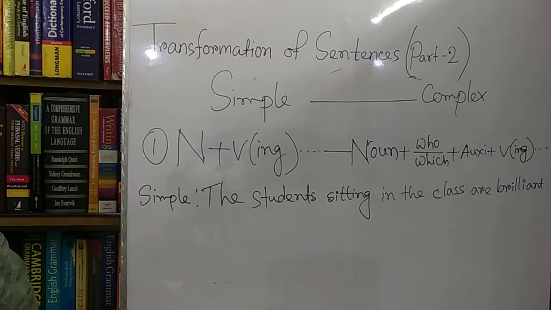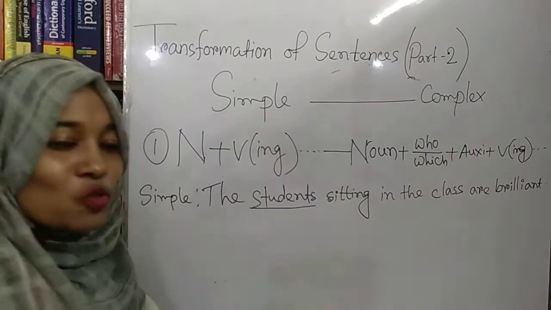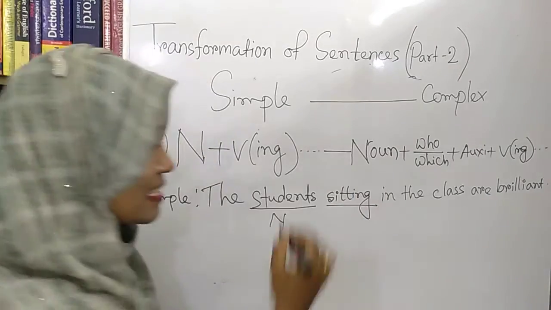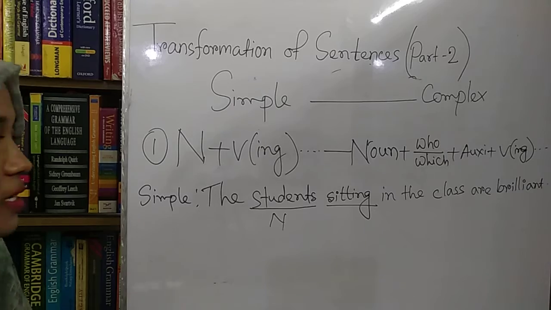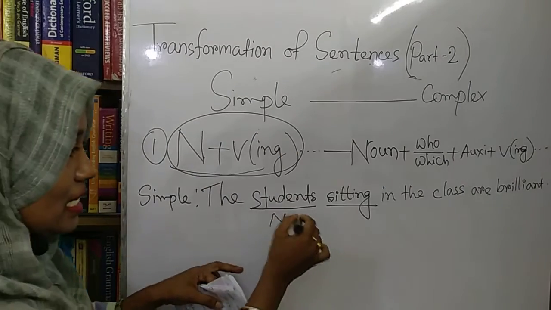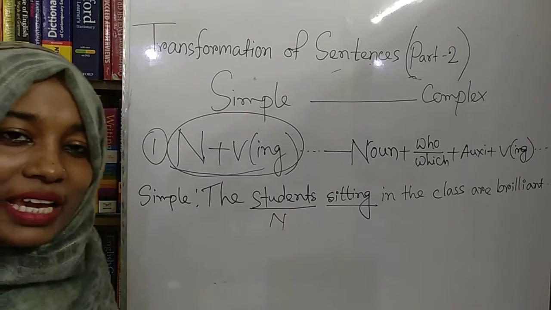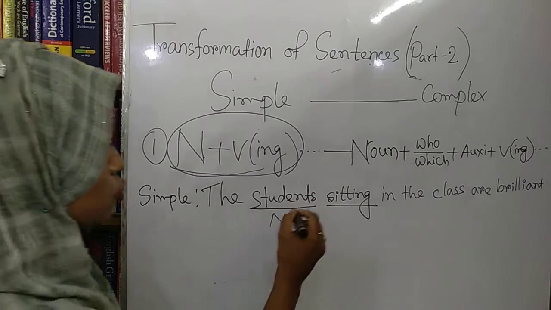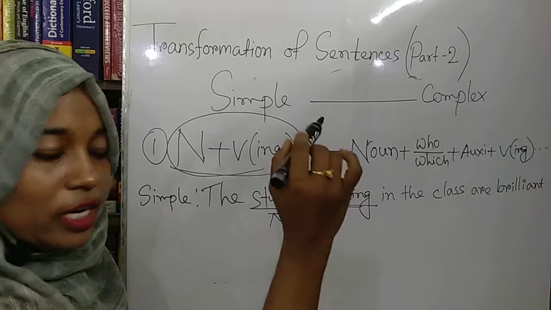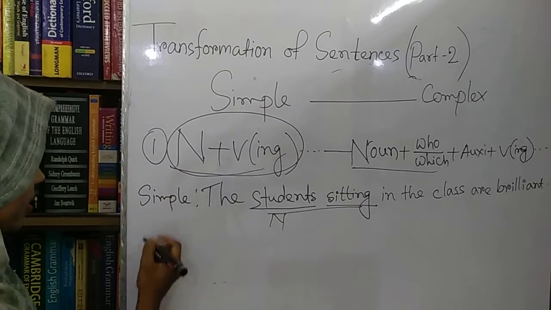It's a simple sentence. Here you can see students is a noun and sitting is a present participle. Here this phrase exists in this sentence. If we want to make it complex, we have to expand this phrase into a subordinate clause following this structure.